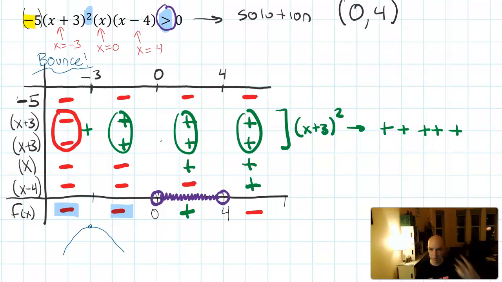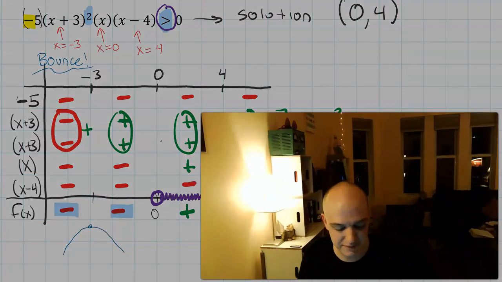And if you ask, why does a factor of multiplicity 2 or 4 or 6 cause a bounce? I would say the answer is that it doesn't change the sign of the sign chart. Whereas any factors with multiplicity 1, when you cross over that factor, it changes the sign in the sign chart. So we're using these to solve polynomial inequalities, but they actually go back and explain a lot about polynomial graphs as well.